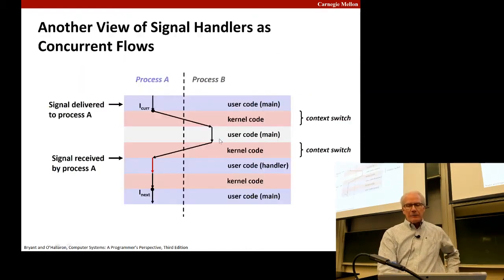So it's a similar idea to a context switch. Here's an example where A switches to B, and now as B comes back to A, it sees that there's an unblocked pending signal, and it executes the handler code for it. And when the handler returns, it returns back to the kernel, and potentially then it will just resume back to the original program.